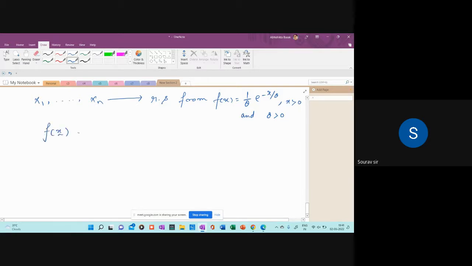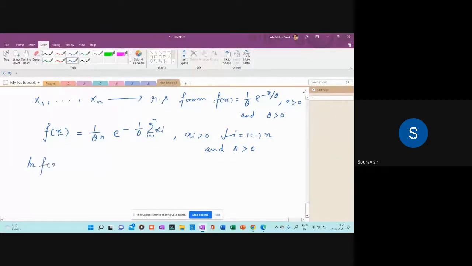PDF. So f(x) is (1/theta)^n e^(-(1/theta) summation xi), where xi > 0 for all i running from 1 to n, and theta > 0. This is my joint PDF, which is called the likelihood.